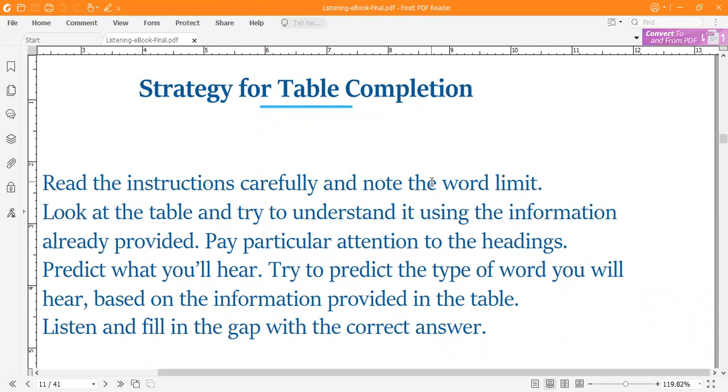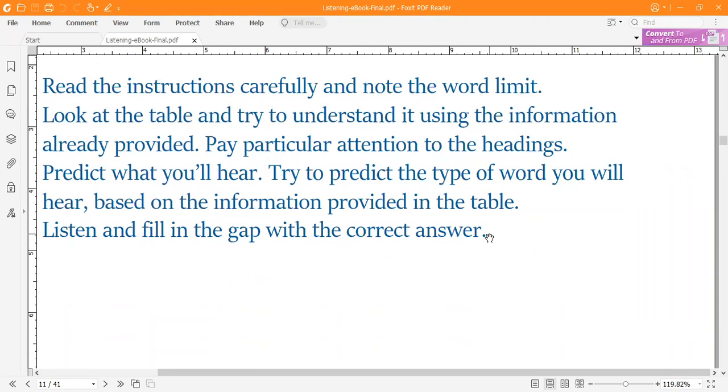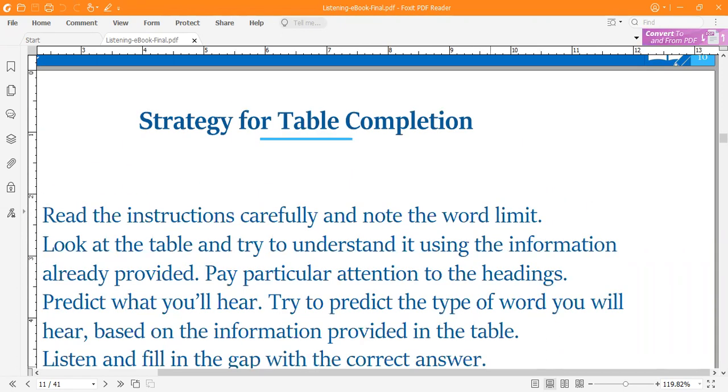Listen and fill in the gap with the correct answer. Okay, so this is the table completion. You need to complete according to what you hear. And usually the answers are maybe 1 or 2 words. They will give you some headings and you read and then you fill the spaces.